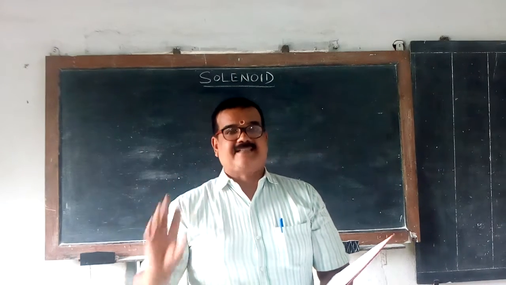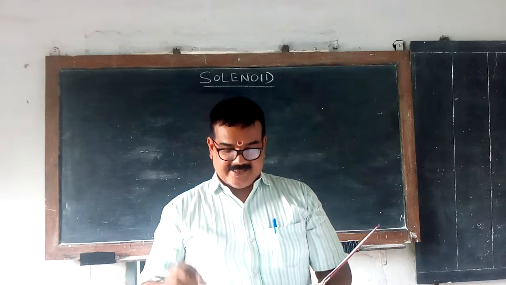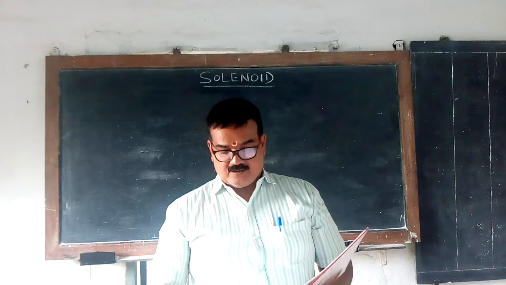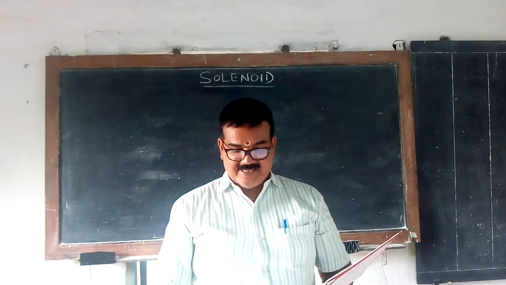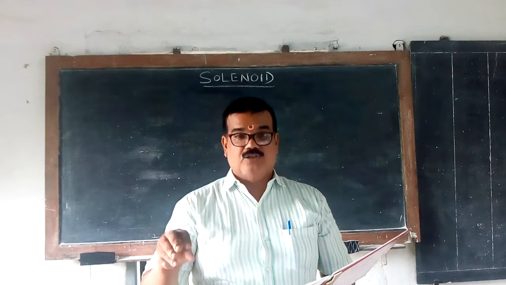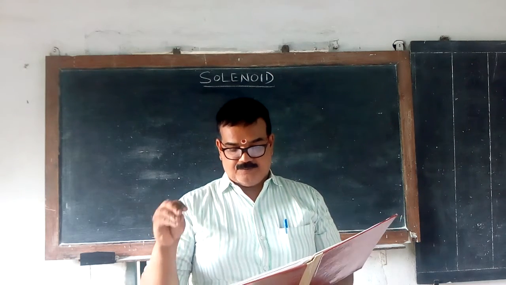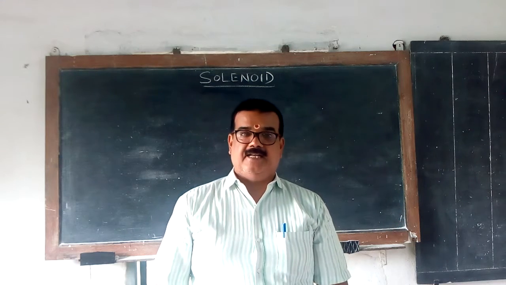Next comes reluctance. What do you mean by reluctance? The magnetic reluctance, or magnetic resistance, is a concept used in the analysis of magnetic circuits. It is defined as the ratio of magnetomotive force, that means MMF, to the magnetic flux, and depends upon the geometry and composition of the material.